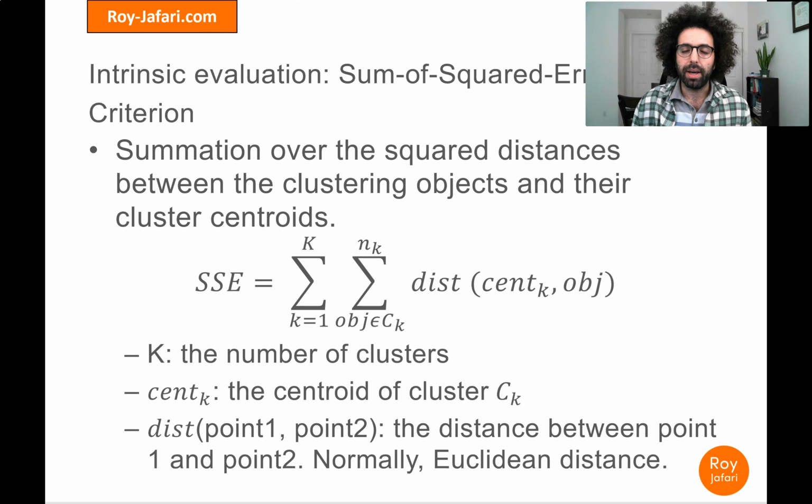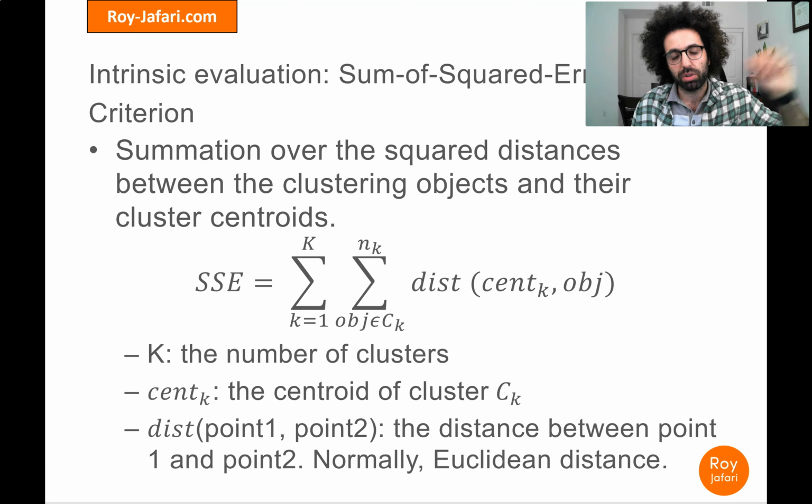The first one is sum of squared error. We've already talked about this a little bit when we were learning about hierarchical clustering, but let's learn it one more time. Basically, the best way to think about sum of squared error is this: by clustering your data, let's say you don't want to deal with all of the data objects you already have.